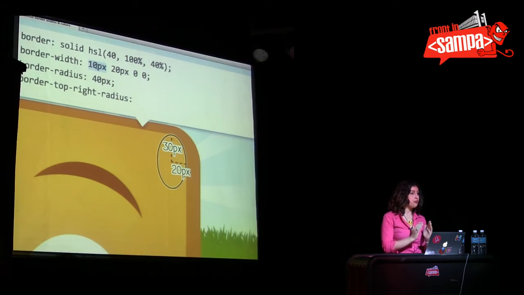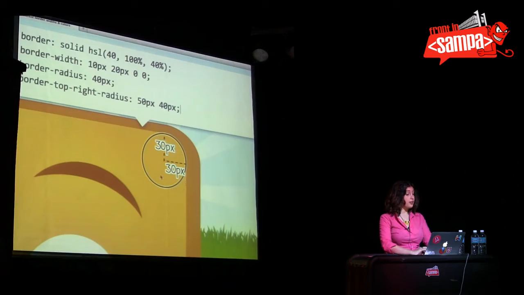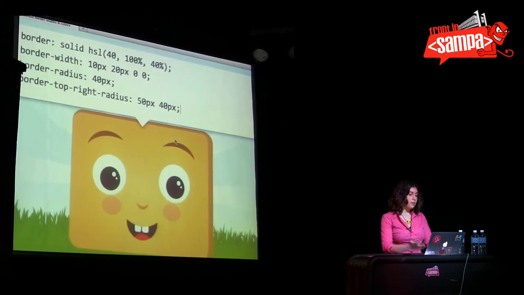So we have a difference of 10 pixels we need to cover. So we will specify our horizontal radius to be 10 pixels larger: a horizontal radius of 50 pixels and a vertical radius of 40 pixels. And there we have it. Now the inner radius is circular, and obviously now the outer radius is elliptical. Depending on our use case, this may or may not be what we want, but it's good to know how to do it in case it is.